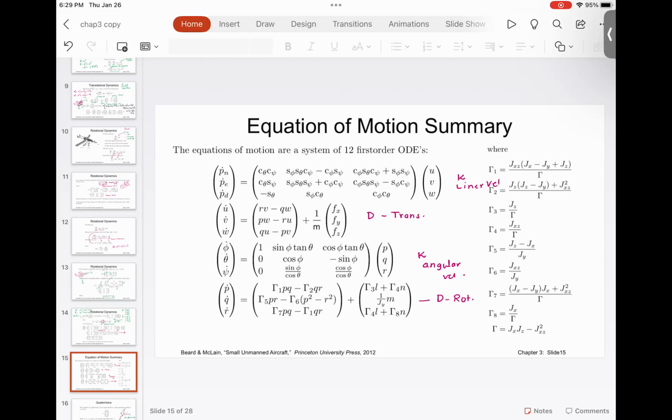Everyone understood this? The only small change here is I want you to understand that on the right-hand side of this equation, we have forces Fx, Fy, and Fz, and the torques, which are L, M, and N. So there are forces and there are torques that are acting.